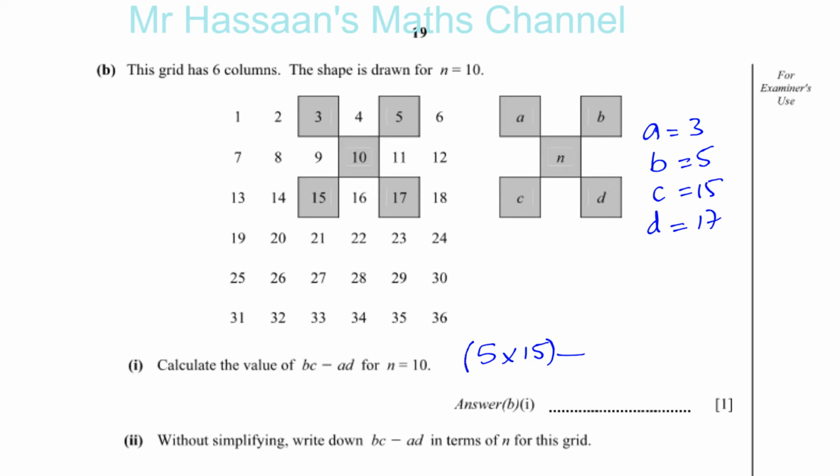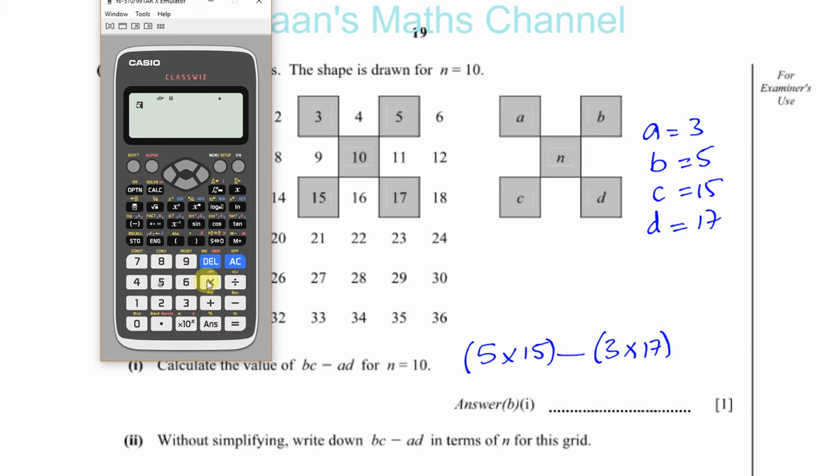And what will that give us? 5 times 15 minus 3 times 17, which gives you 24. So when you have 6 columns, it looks like BC minus AD is 24.